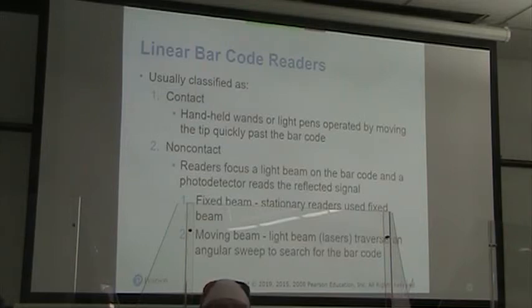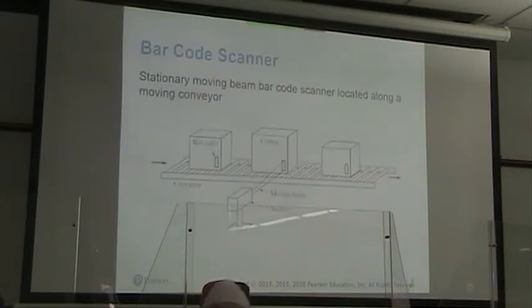In a moving beam, our light beam traverses through an angular sweep searching for the barcode. All right, so here we see a system that has been set up where we have a stationary moving beam barcode scanner.